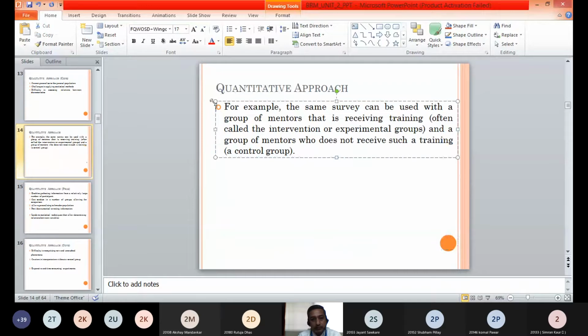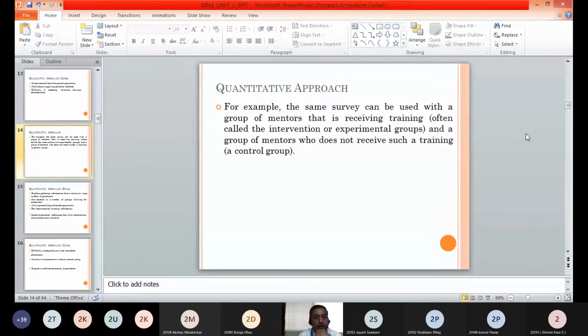One good example of the quantitative approach that we can discuss here: the same survey can be used with a group of mentors that is receiving training and a group of mentors who do not receive such training, a control group. A training is provided to a group of mentors, and we want to see the effect of the training.